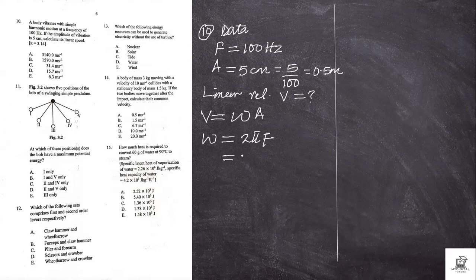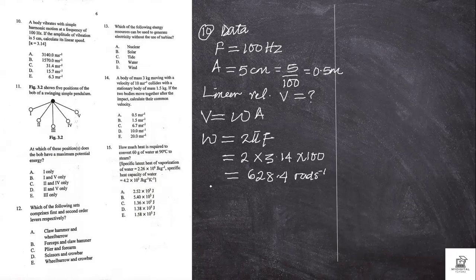This will be equal to 2 multiplied by pi, which is 3.14, multiplied by 100, the value of the frequency. When we multiply them together, it should give us 628.4 rad per second.